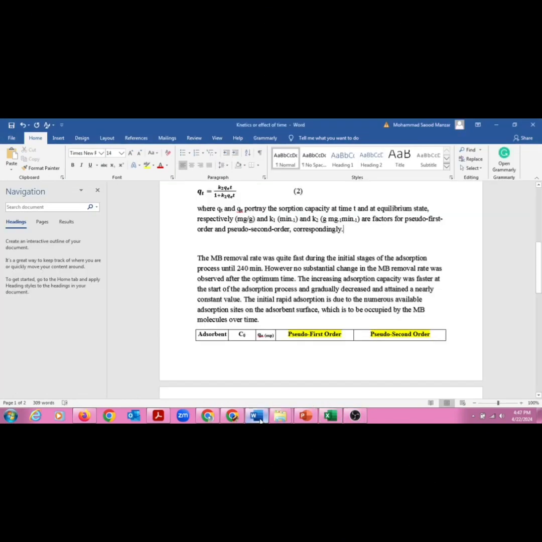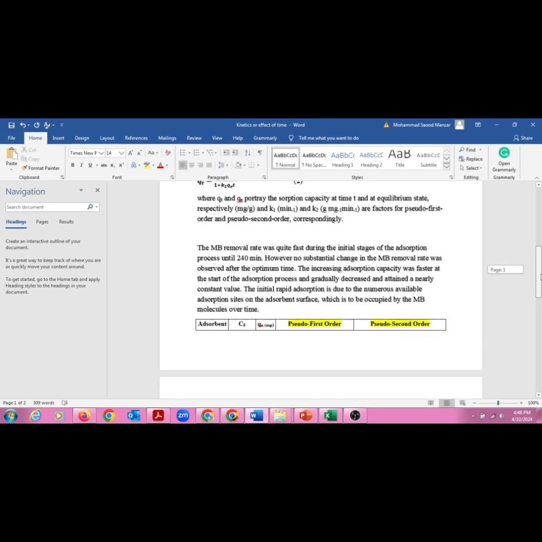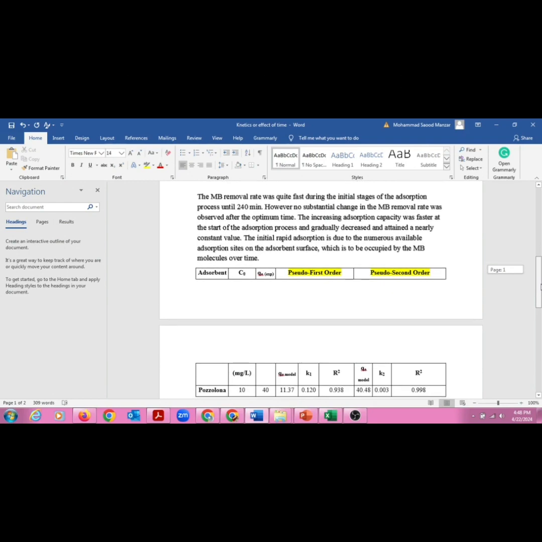After the optimum time there was no substantial change, and the increase in adsorption capacity was faster at the start of the adsorption process, and it decreased gradually after attaining a constant value. The preliminary adsorption could be attributed to the abundant adsorption sites on the adsorbent, which are occupied by the methylene blue molecules over time.